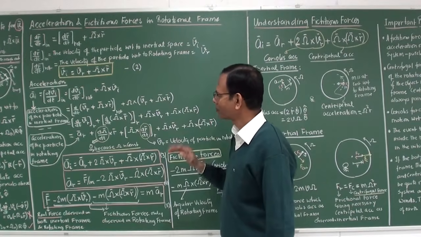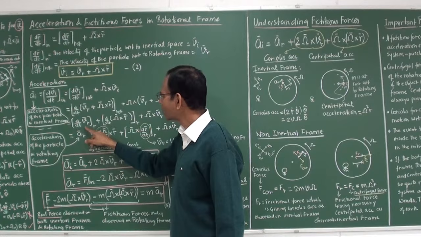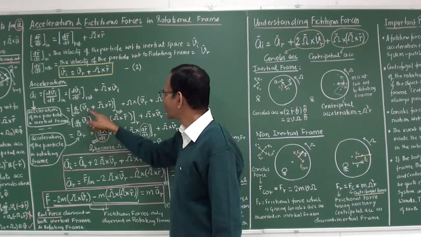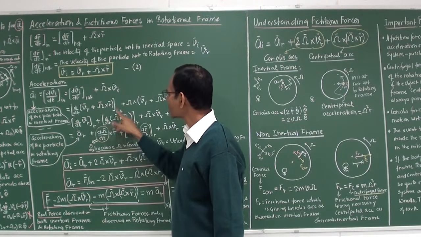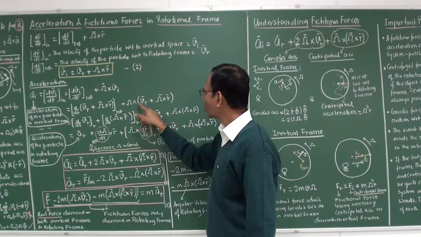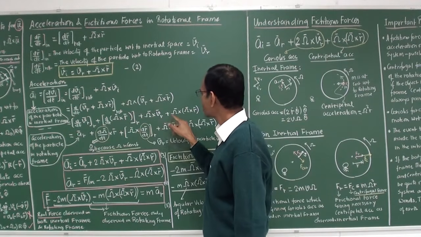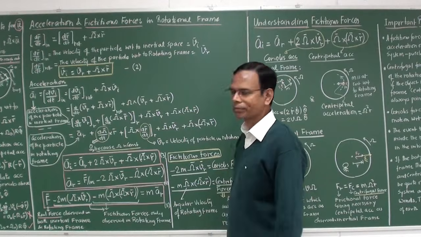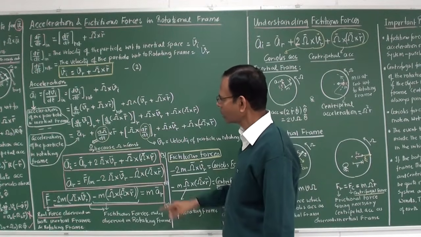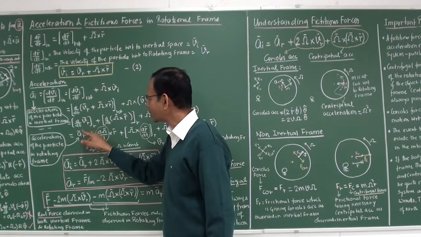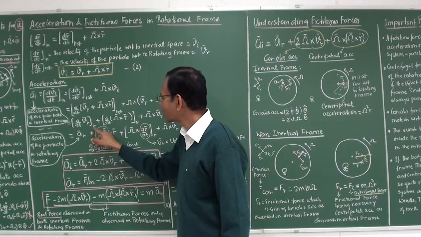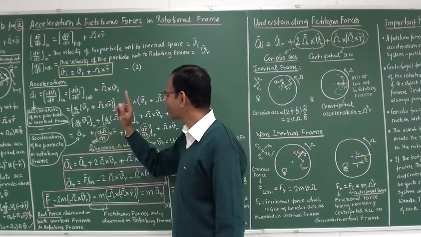Now you expand. d/dt of vr in the rotating frame, plus d/dt of omega cross r in the rotating frame, plus omega cross vr, plus omega cross omega cross r. Fine. dvr by dt in the rotating frame is ar.